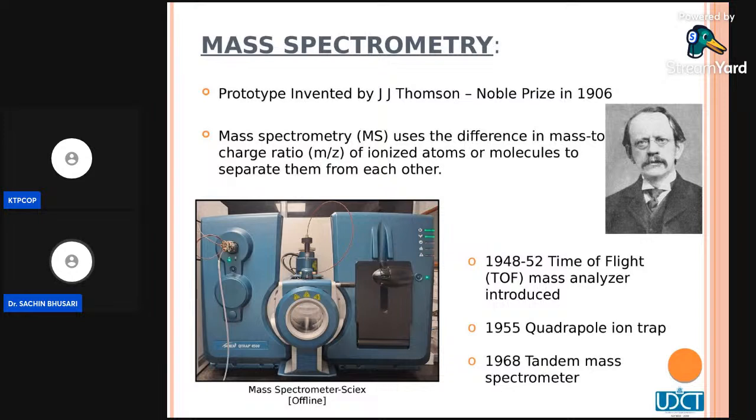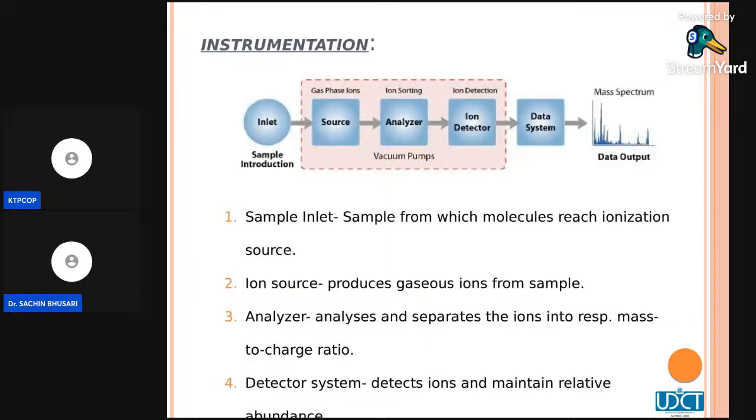So in mass spectrometry, there are different instrumentations: orbitrap mass spectrometry, QTRAP technology, triple quadrupole, single quadrupole tools. Tandem mass spectrometry was launched in 1968. So what is the instrumentation? How does it look? There is sample introduction, and the rest is all in vacuum.